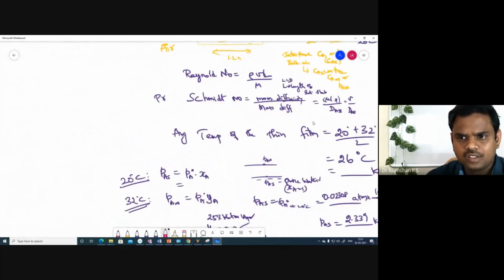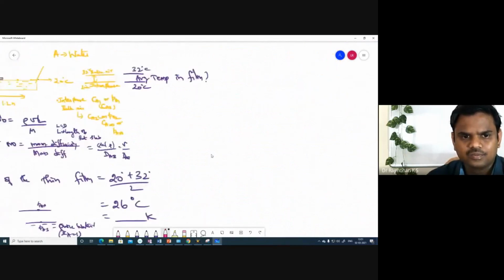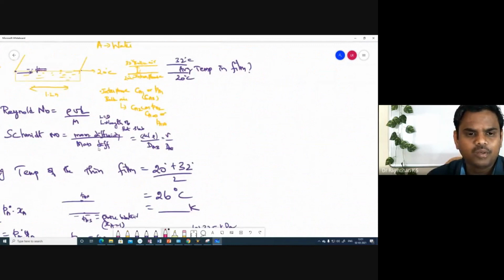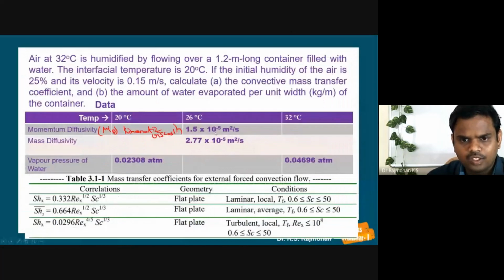The Schmidt number is momentum diffusivity by mass diffusivity. Both data are given: 1.5 into 10 power minus 5 meter square per second, and 2.77 into 10 power minus 5 meter square per second.